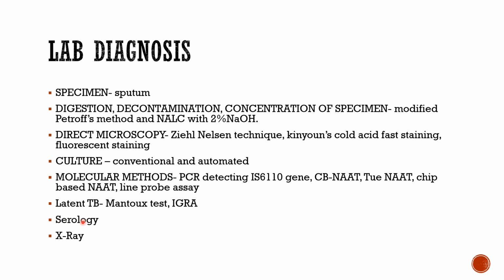Next, in latent TB, we have the Mantoux test, and we have the interferon gamma release assay. Now in the Mantoux test, it's also known as the tuberculin skin test. Here we use antigen PPD, PPD RT 23, and we perform TST here, that is the tuberculin skin test.